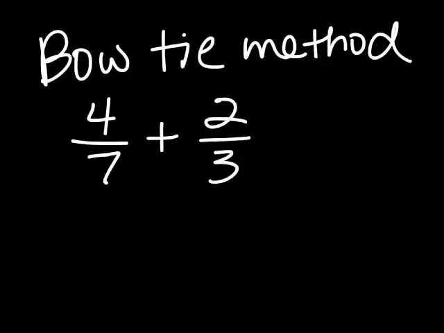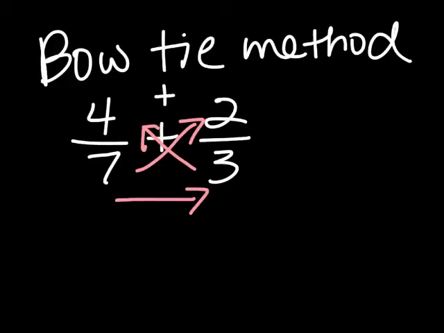Okay, so what the bow tie method wants you to do is multiply your denominators together, and then you're going to multiply the diagonals together, and then whatever sign this is, you're going to bring up to the top. So in this case, we're adding.